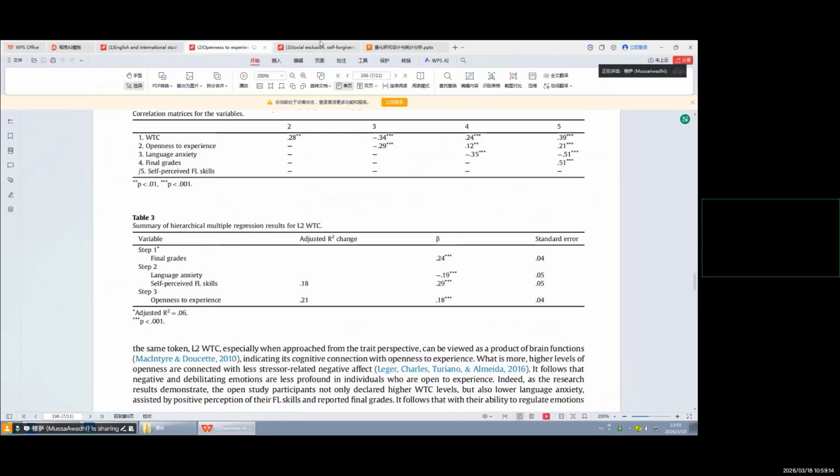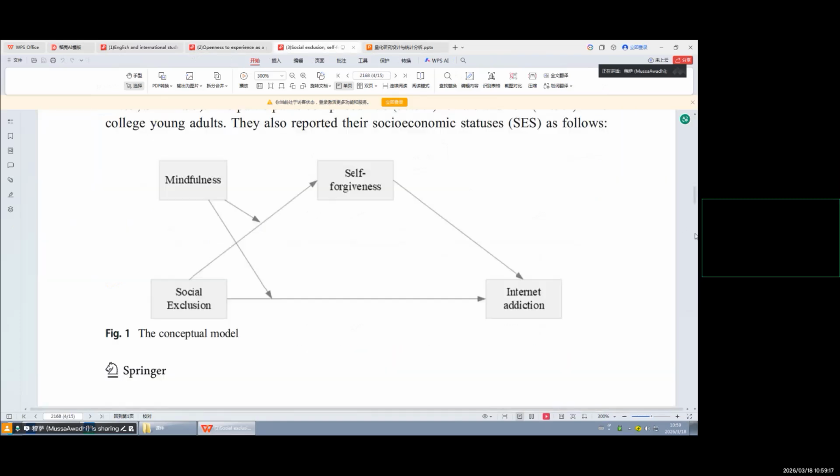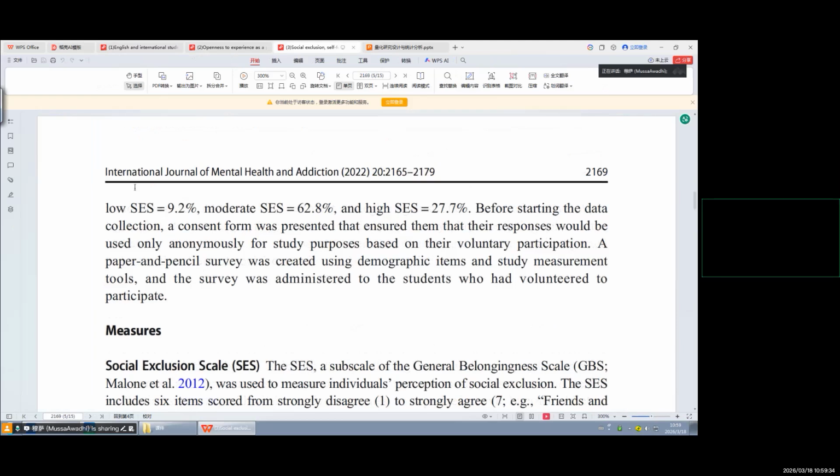Instead, this article examines more complex relationships between them, because we have a mediator, and also a moderator. If we have time, I will explain what is moderator and how to conduct moderating analysis. But today, I just want you to know the key difference. So we don't have time to explain more.